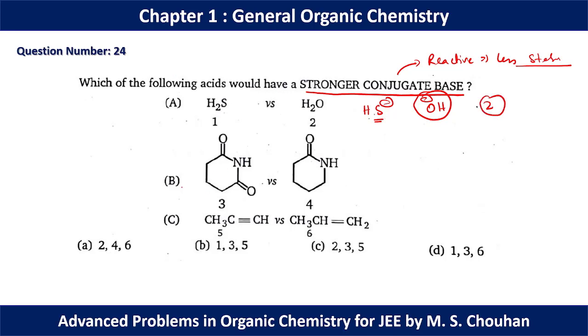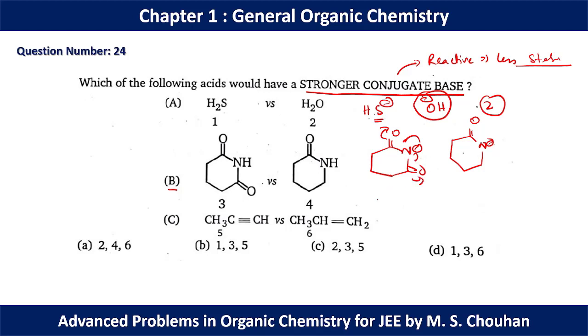Now if we compare between molecules 3 and 4, in molecule 3 the conjugate base will look like this: a negative charge with 2 C double bond O. In the fourth molecule, we have a negative charge with 1 C double bond O. So here the negative charge is much more stabilized by resonance.